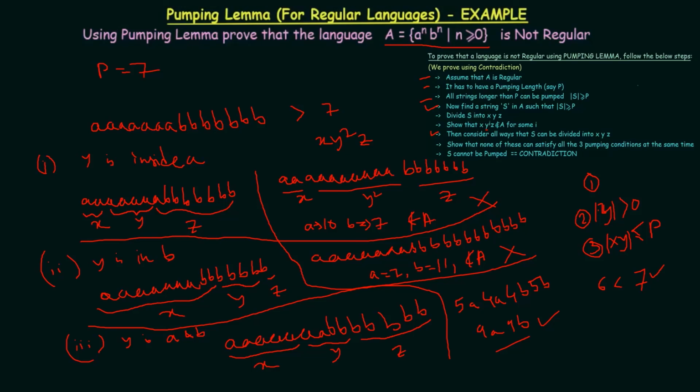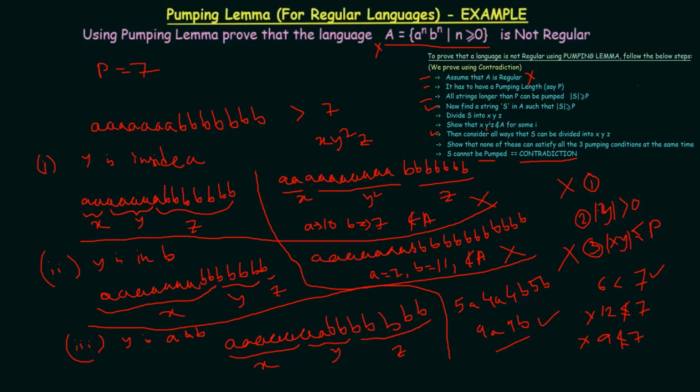So for the second case, it is not less than or equal to 7, so this is not accepted. For the third case, 5 and 4, 9 is not less than or equal to 7, so that is not accepted. So that means condition number 3 has fallen, condition number 1 has fallen. That means A cannot be pumped. So this is a contradiction. That means A is not regular.